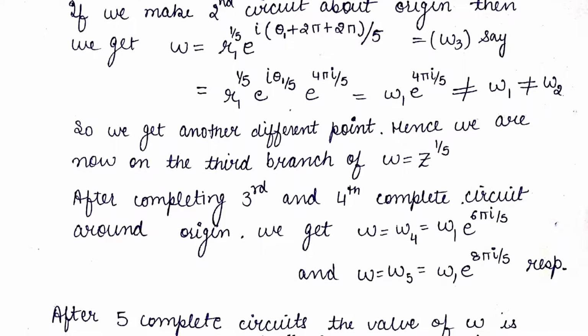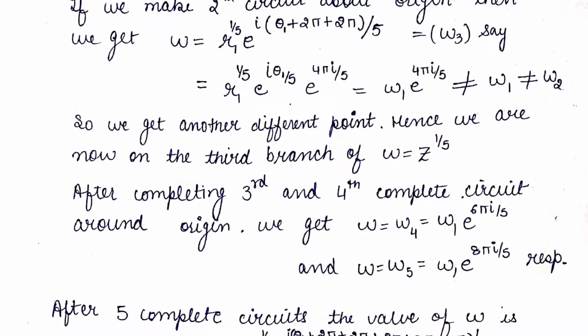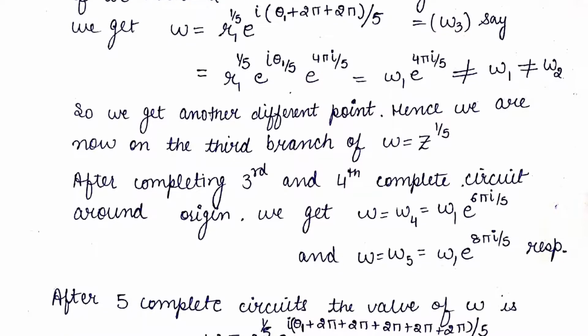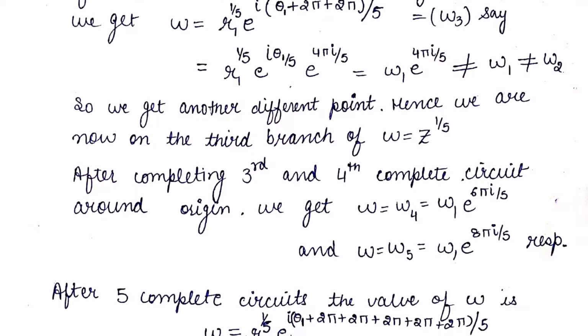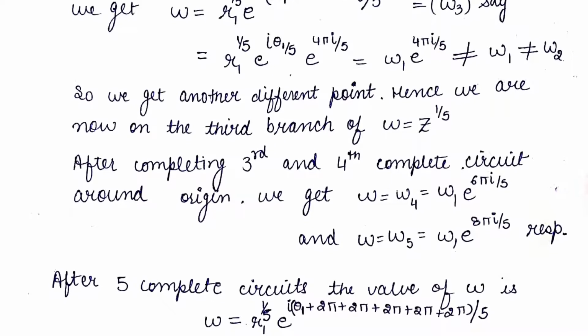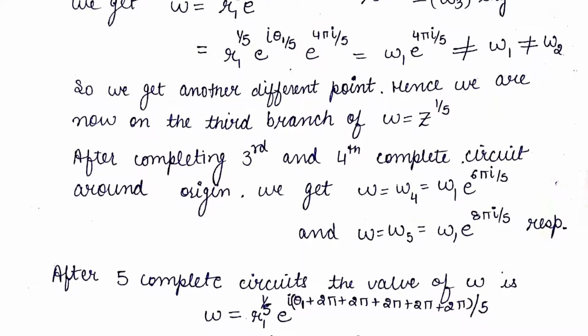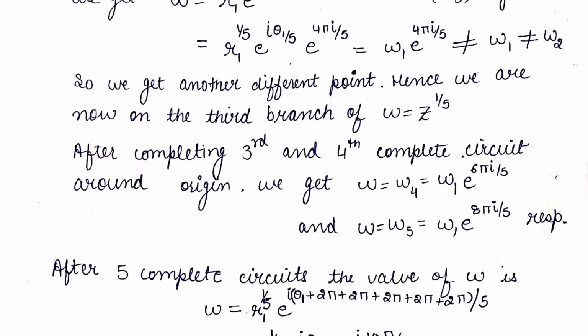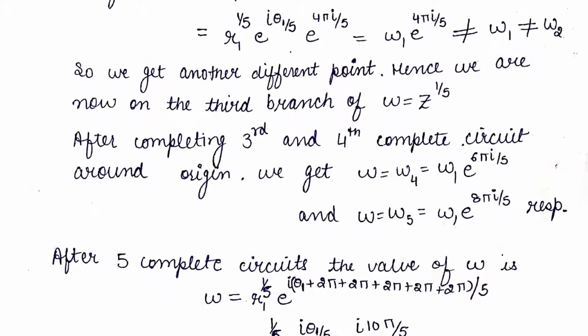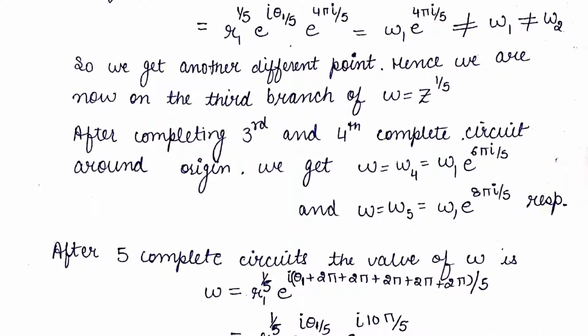So let the value of this w be w3. Now if we make third and fourth complete circuits around the origin, we get the values w is equal to w4 and w is equal to w5, which is equal to w1 e^(i8π/5).